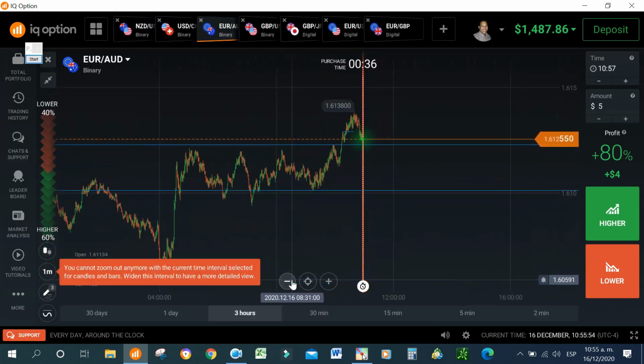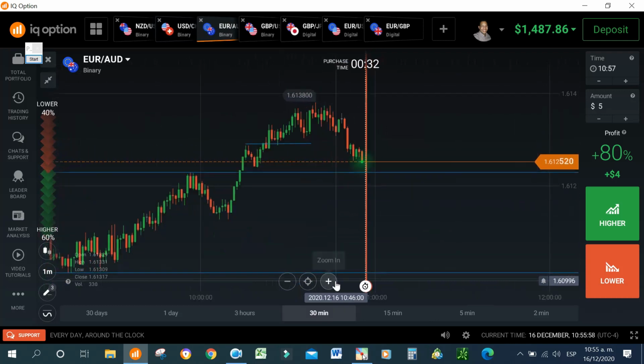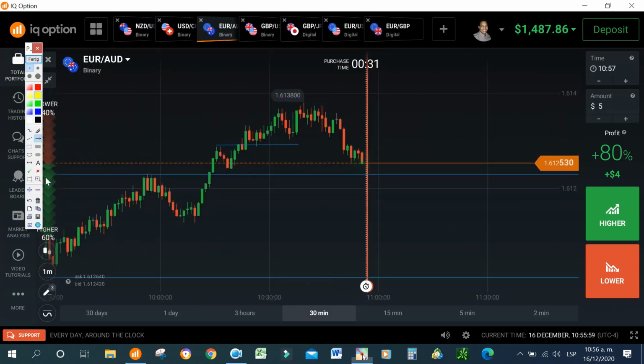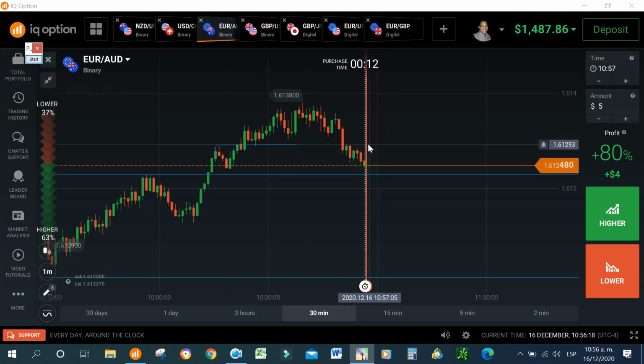Okay, let's see if we can find some other opportunities. We can have an opportunity here with this market structure. We can wait for an entry call option on this area. We need to be patient to detect a bullish pattern on this area.